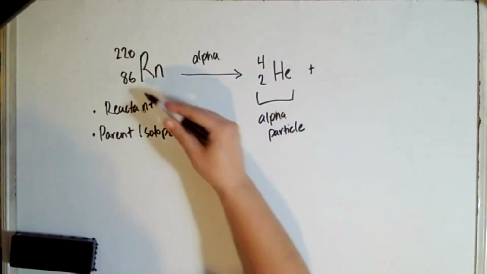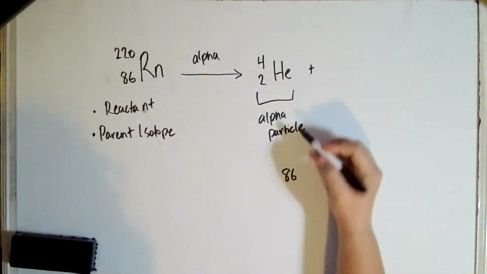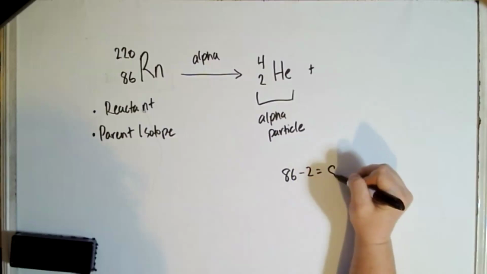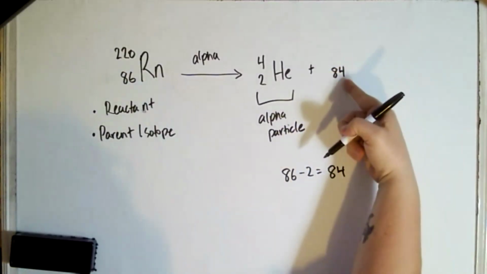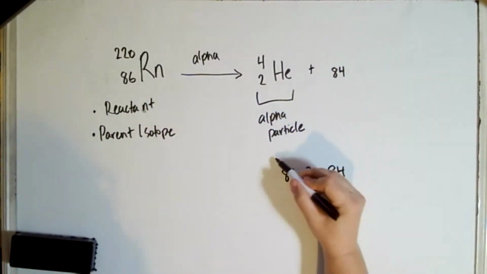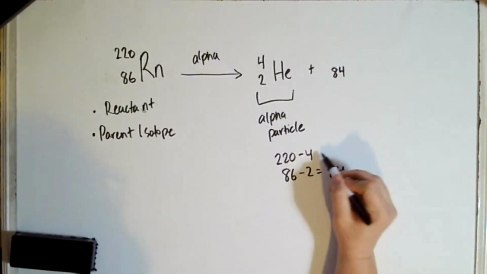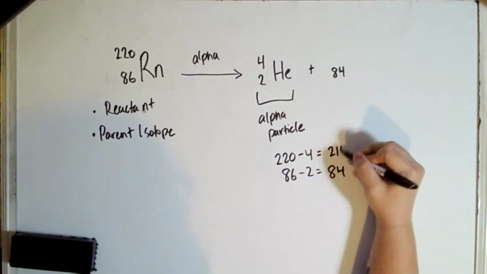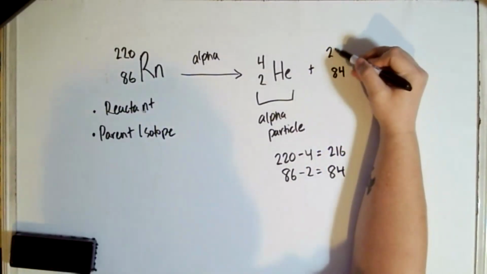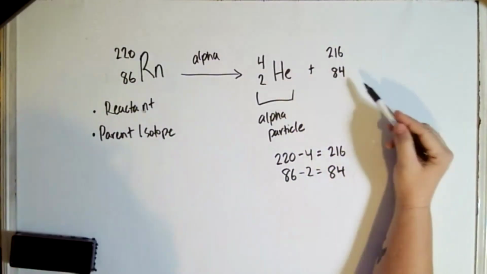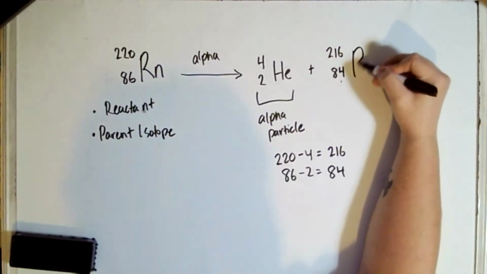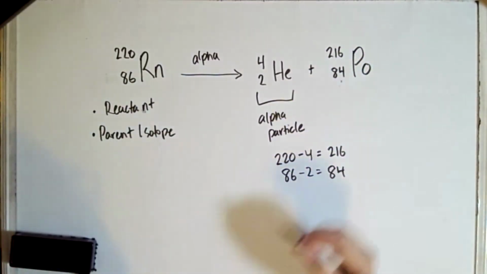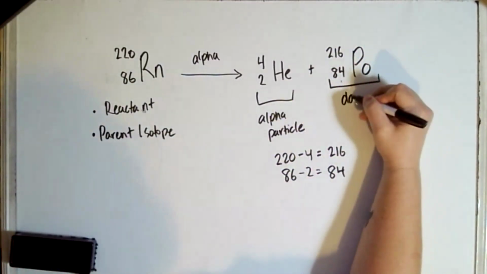So we can take our 86 and subtract 2, and now we know that our atomic number for our daughter isotope is going to be 84. And we can take 220 and subtract 4, and we get 216 for the mass number of that isotope. To figure out the symbol, we look back at our periodic table and find number 84, which is polonium. And this is going to be our daughter isotope.